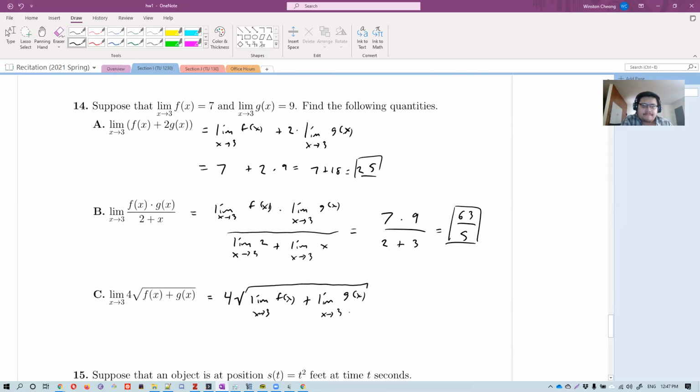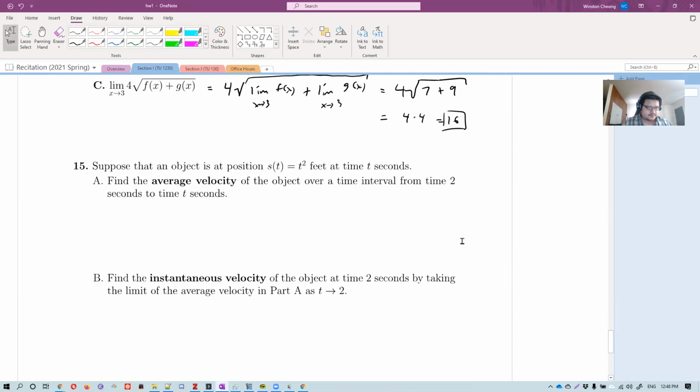So you get that. And well, we can plug in. So we're given 7 plus 9. And this is 16. So then it's 4 times 4, which is 16. Okay. So no questions. That's good.